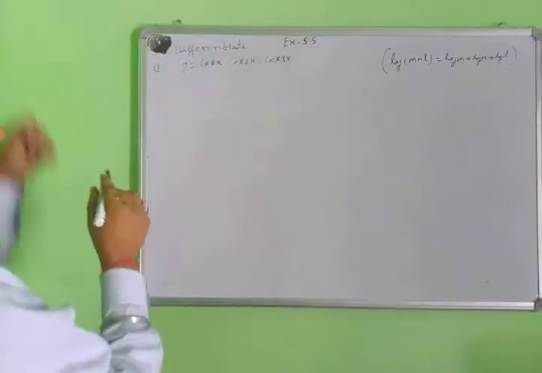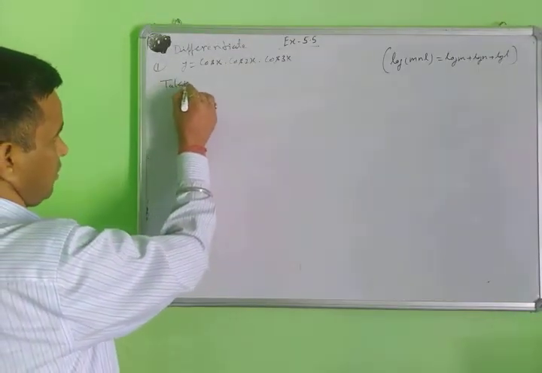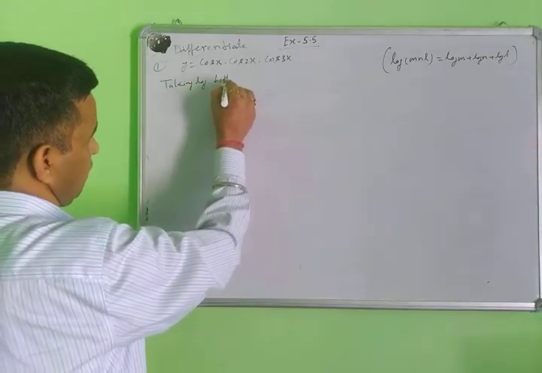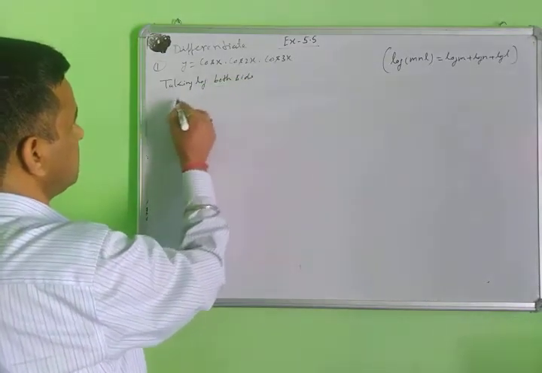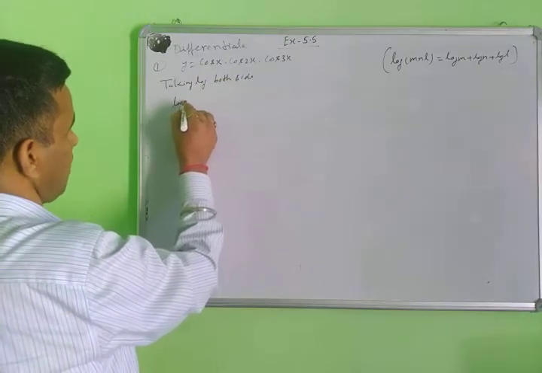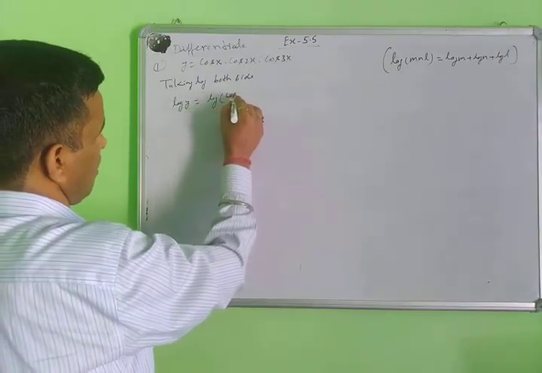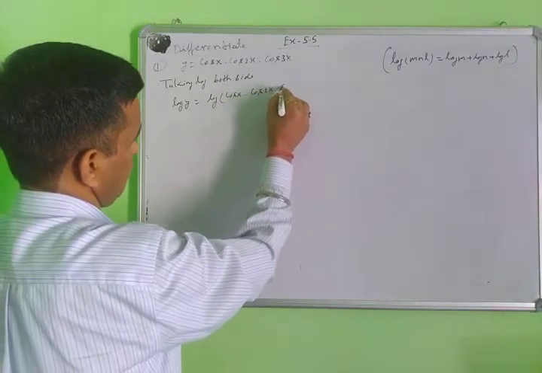So now, taking log on both sides: log y equals log of cos x dot cos 2x dot cos 3x.